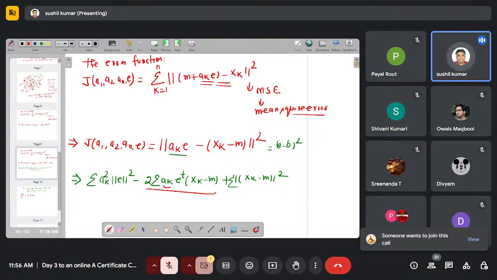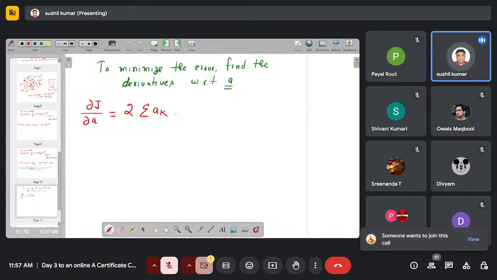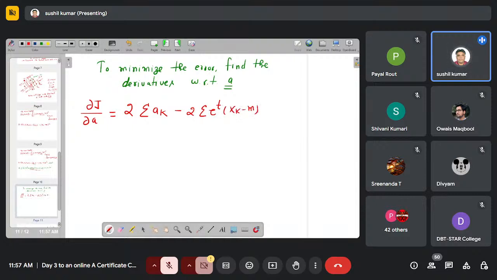So ak will convert into 1 and it will give you minus 2. Sorry, ak will be 1 here. Okay, so ak is not required. So only e transpose (x of k minus m), and that will be equal to 0.